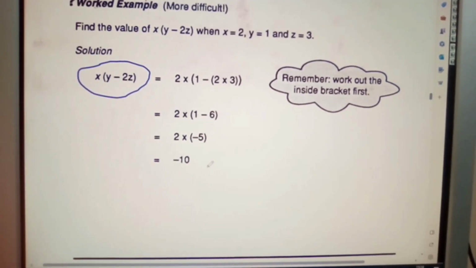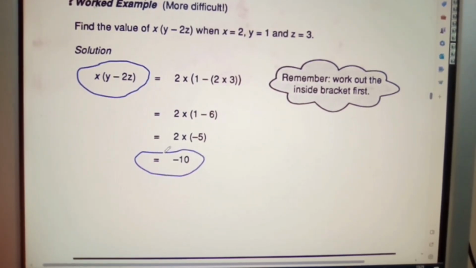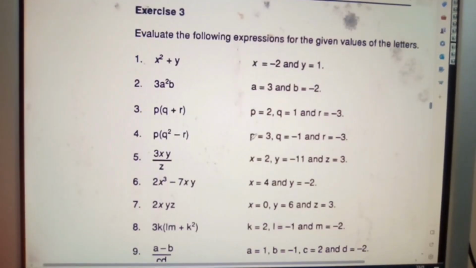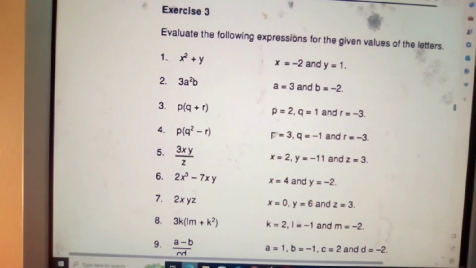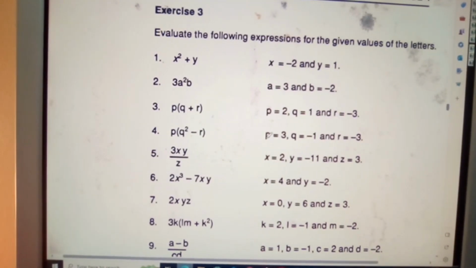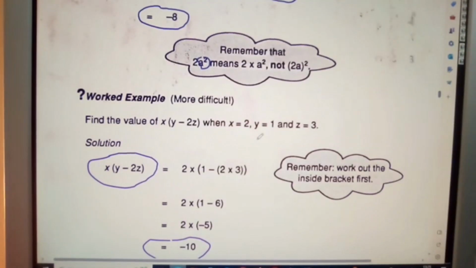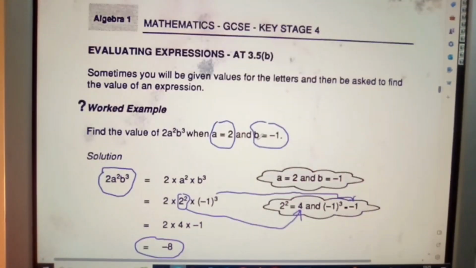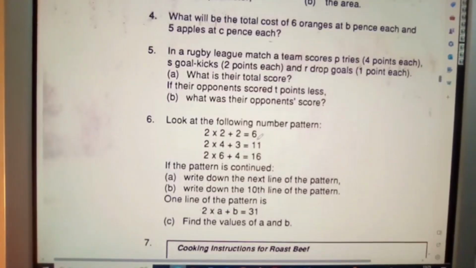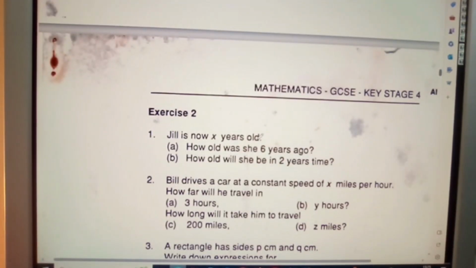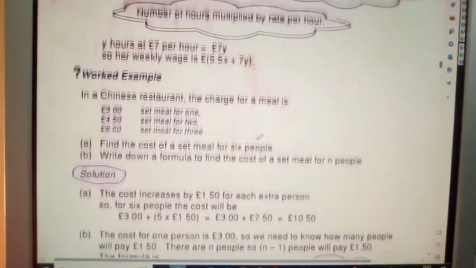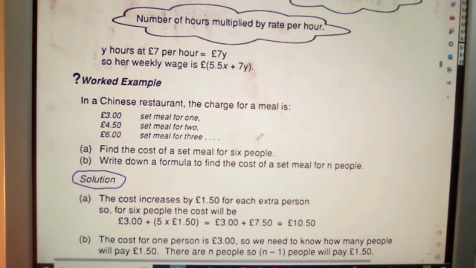And as you can see here, 2 times -5 equals -10, okay? I don't need to go through that, we just did that up above, so that's now for you to follow through, okay? Now have a go at these for yourselves, please, okay? It gives you the values, look back at what we have just done, okay? And make sure that you understand the concept behind it, okay?